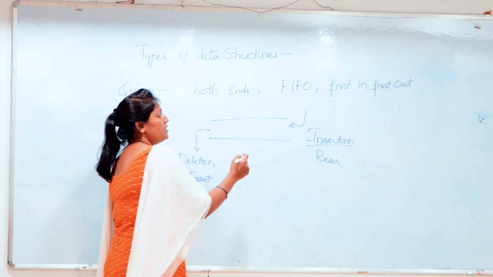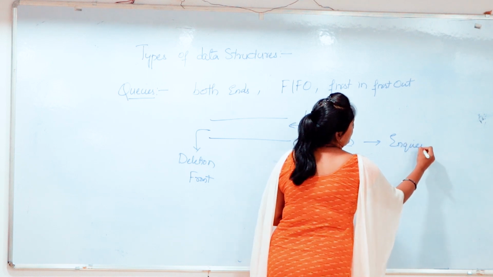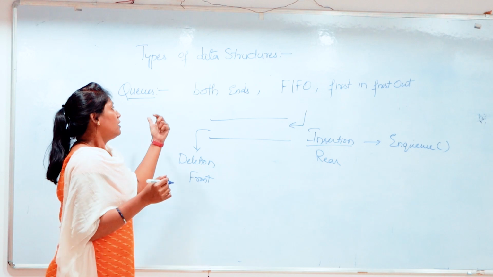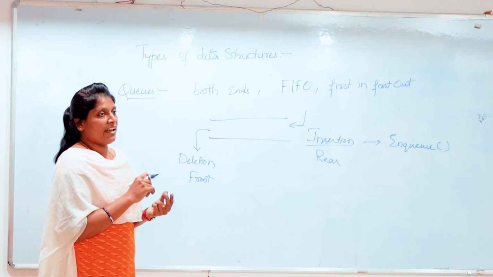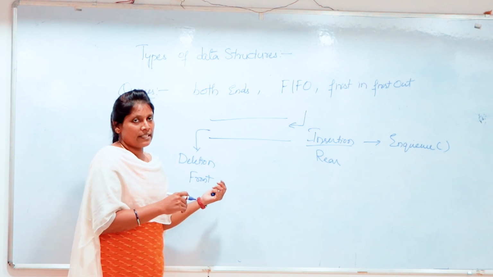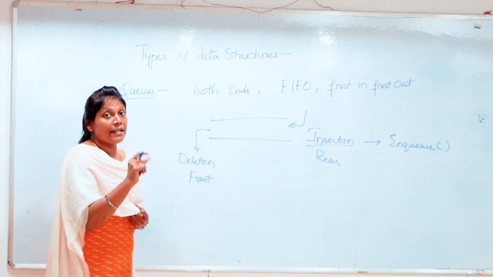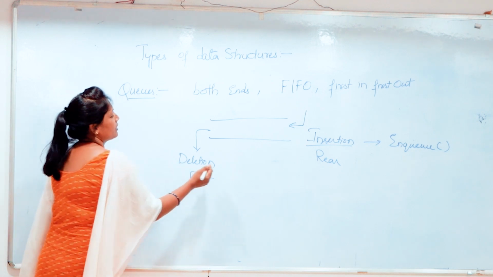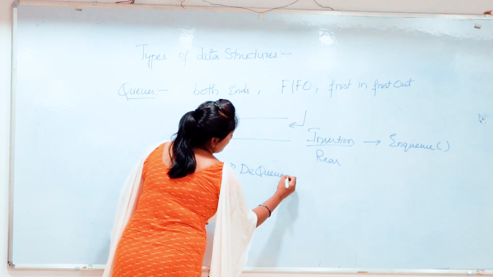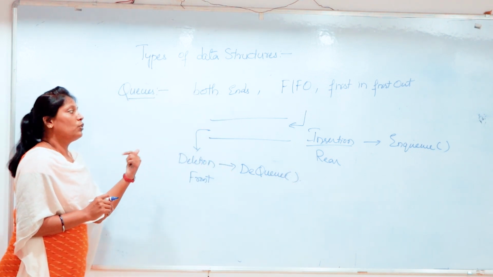The insertion operation is called enqueue. In the stack, for insertion we used push and for deletion we used pop. In the same way, in the queue, for insertion we will be using the enqueue operation, and for deletion, dequeue.